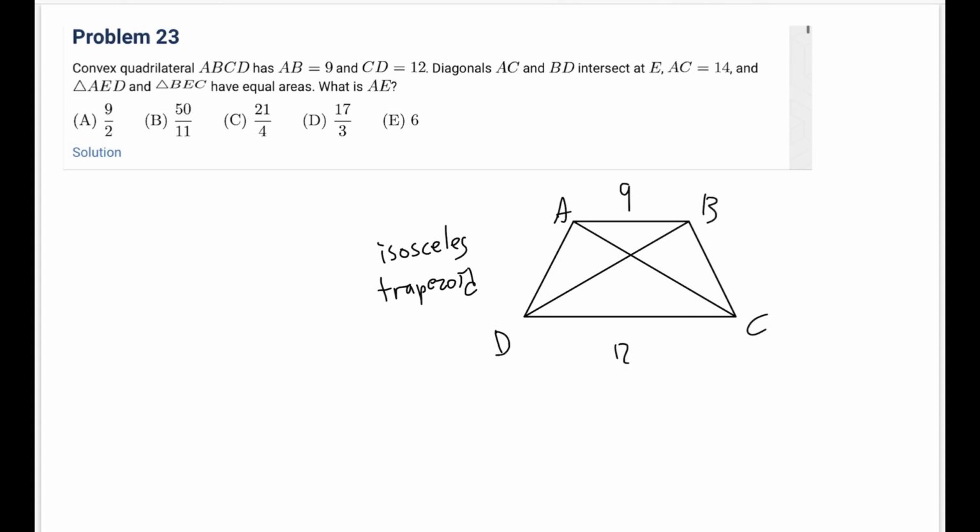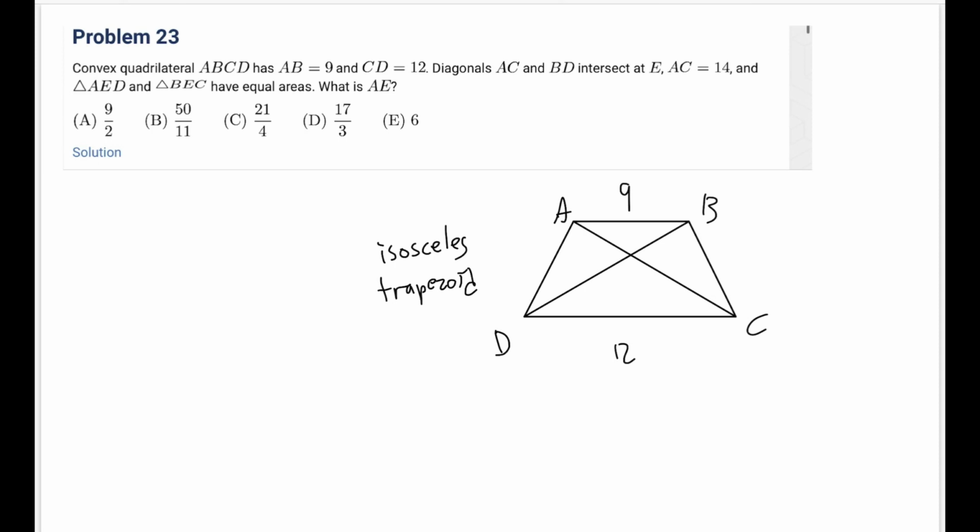This is 9, this is 12, and then this much is 14, and then they have equal area. So if this is 9 to 12, then this triangle and this triangle would be similar, right? So the ratio would be 3 to 4, but the whole thing is 14, right?